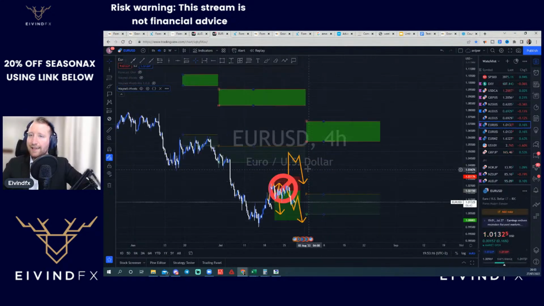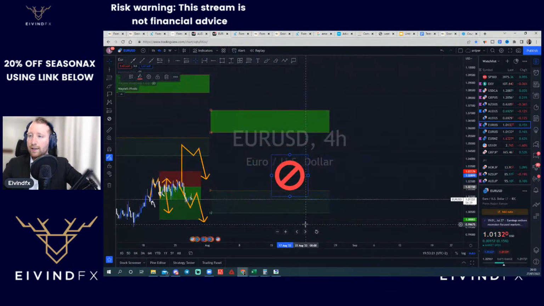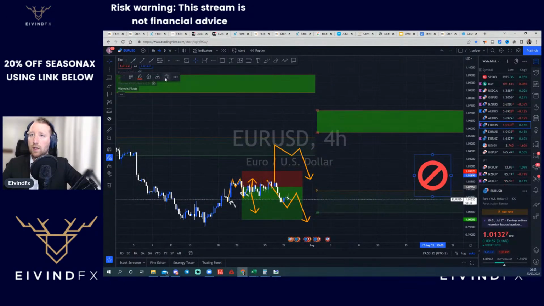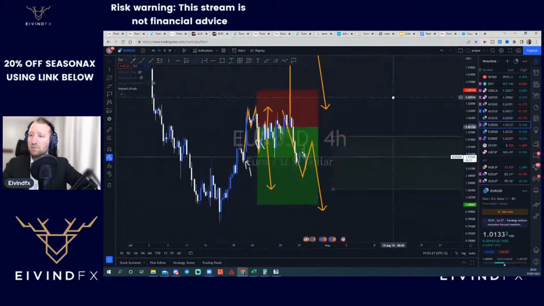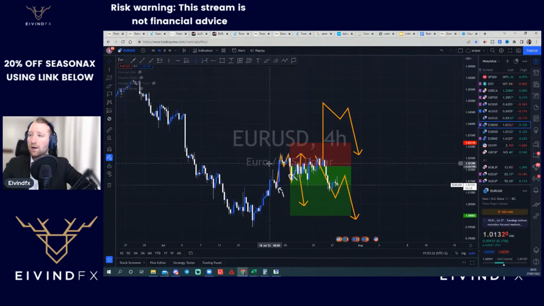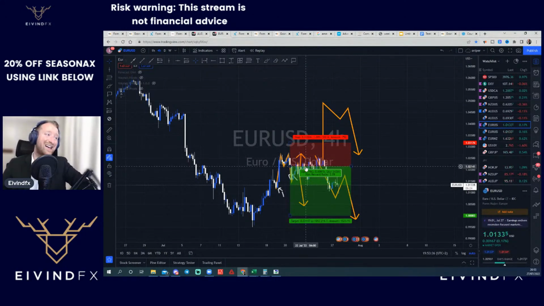Euro dollar is currently on the lower side. We still have this trade plan from a long time ago, and it's still working pretty snug. For those who are already in the sell, you probably need to be at break even.